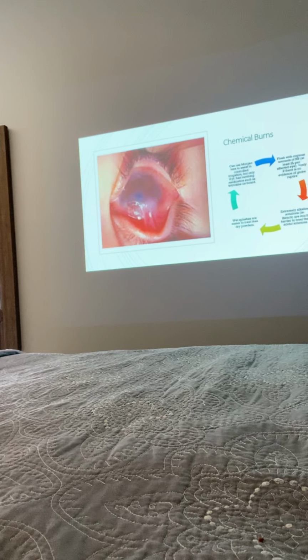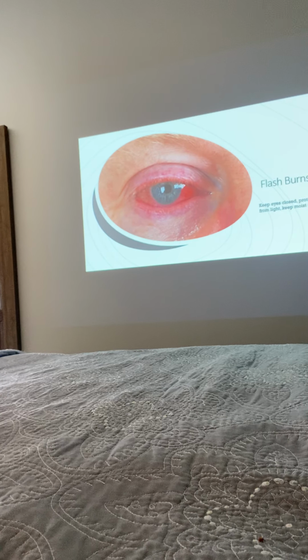Especially in chemical burns, alkaline burns tend to be a lot more detrimental. They cause a lot more tissue damage than acid burns. So make sure with alkaline burns that you're getting lots and lots of fluid through there. Dry powders tend to be a lot more damaging as well than splashes and liquids.